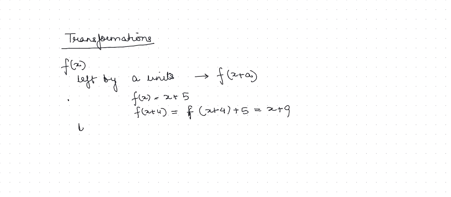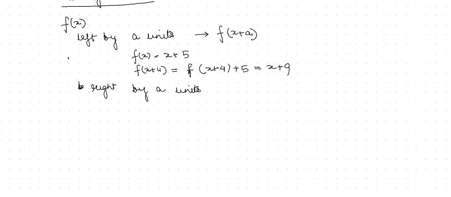And right by a units: if a function moves right by a units, we write it as f(x - a).